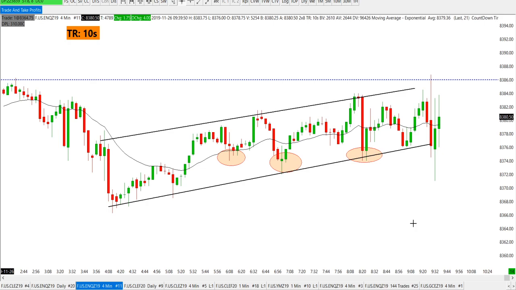Most people would be rich and trading full time. But overall, you have to understand the structure of the market. You have to understand the context. So if we don't make this new high, it's a possibility we could continue back down.